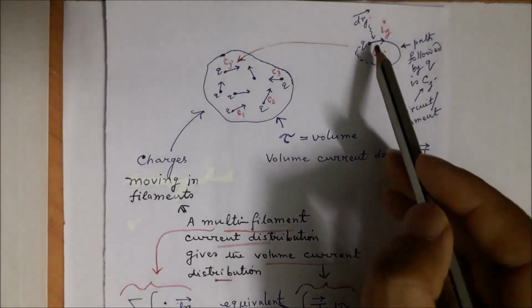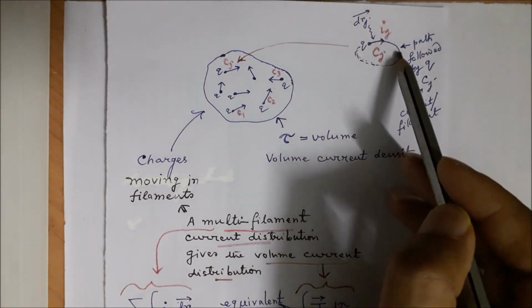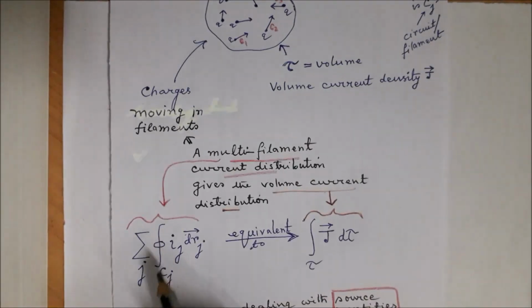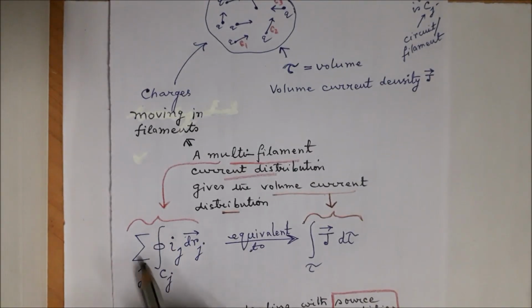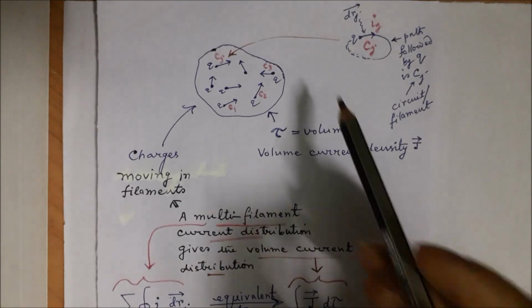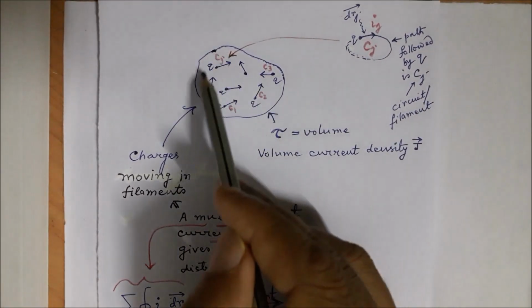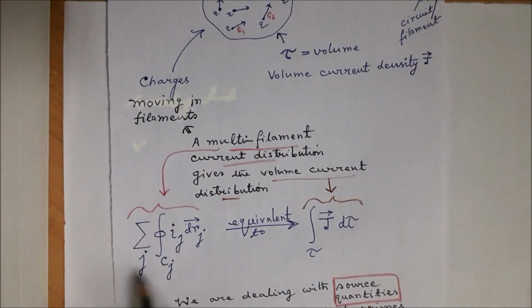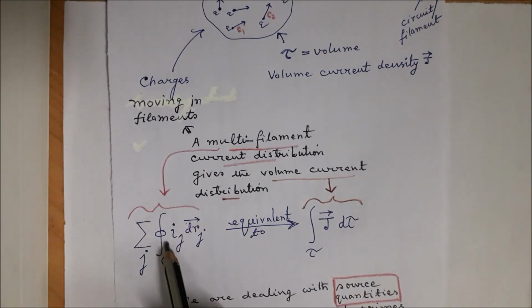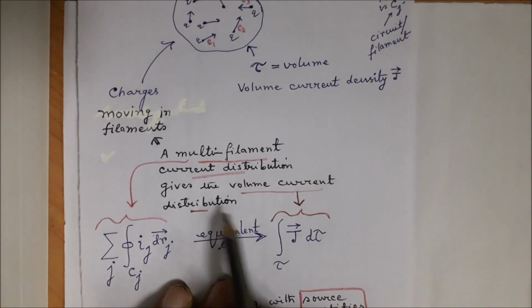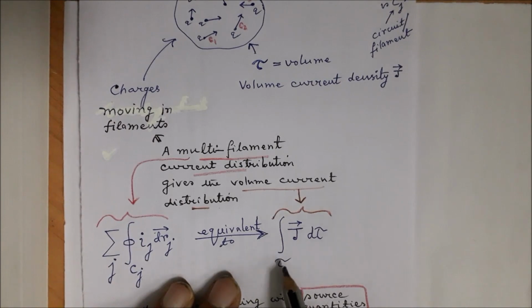If you integrate over all such small elements with which the Cj circuit is built, you get this integration over Cj, and then you sum over all such circuits, first circuit, second circuit, third circuit, and so on, to end up with this expression. And this is equivalent to a volume current distribution, which is an integration of vector J d tau over the entire volume.